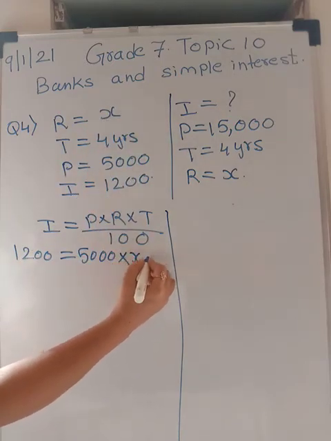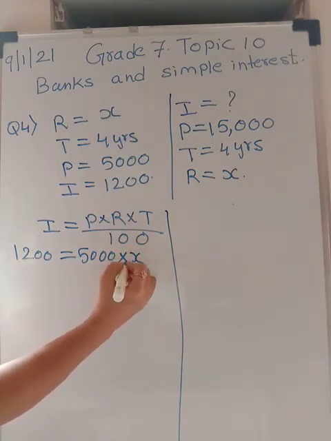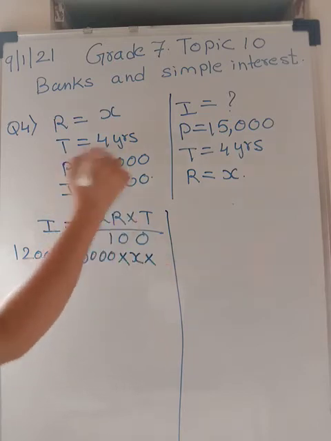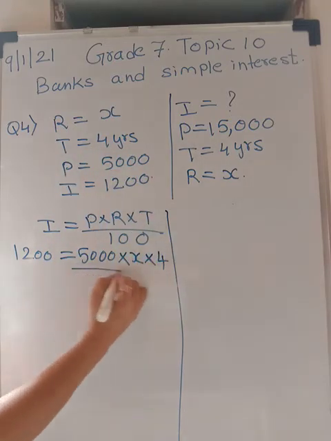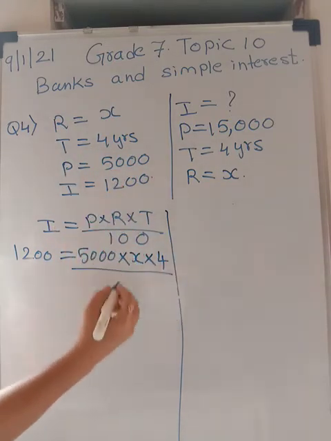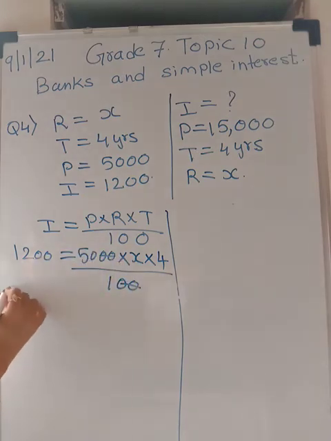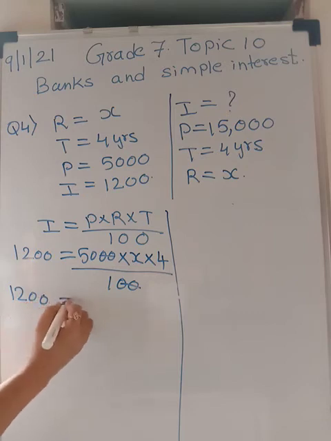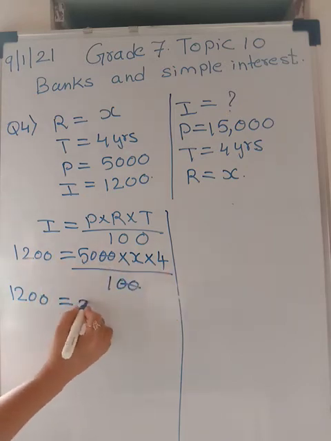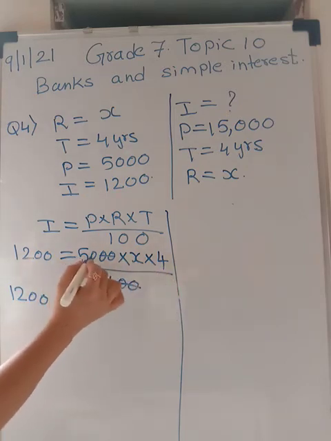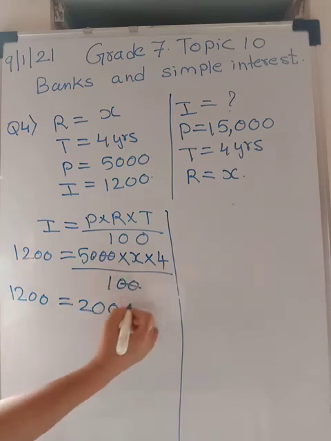X. We have to find out. Or you can keep it as R also. T is 4 years upon 100. These two zeros gone. So 1200 is equal to 5 into 4 is 20. 5 4s are 20 and this one more 0 into x.